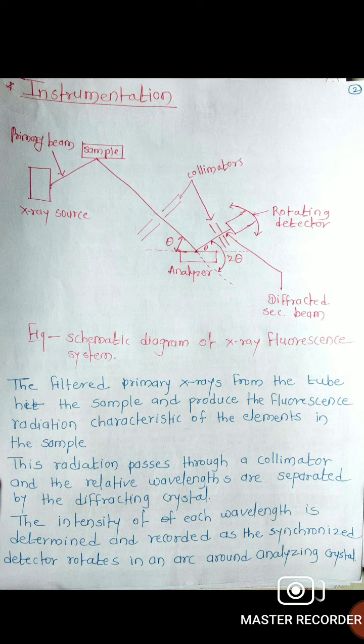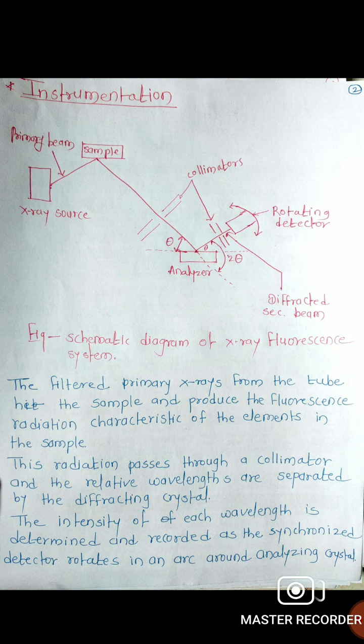When this X-ray source passes the primary beam on the sample, the sample diffracts the radiation in various directions, but by using a collimator we pass only a narrow beam of the X-ray radiation onto the analyzer.